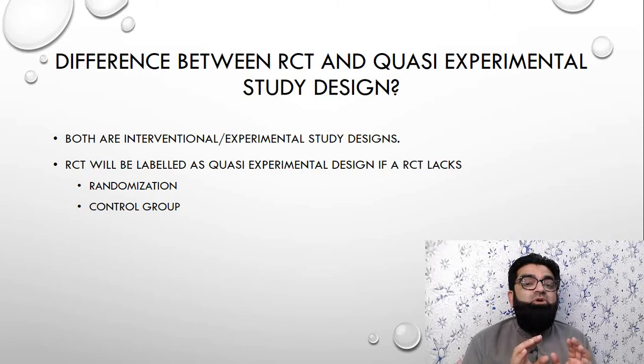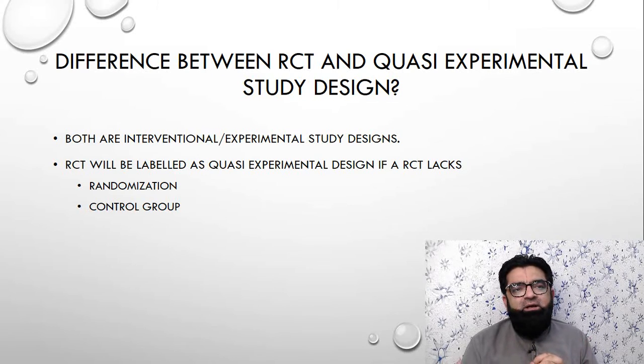There is an intervention going on, but the intervention is being done without randomization, or it is a single group. So if you are calculating the outcome of laparoscopic appendectomy in terms of pain and you haven't had any control group, then this can be labeled as a quasi experimental study design, because there is no control group and you are doing an intervention of laparoscopic appendectomy.